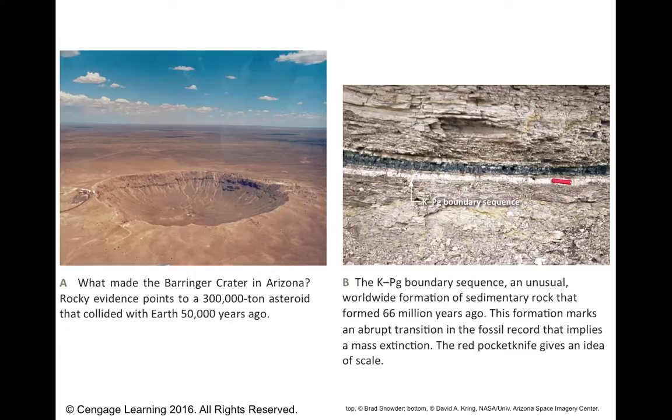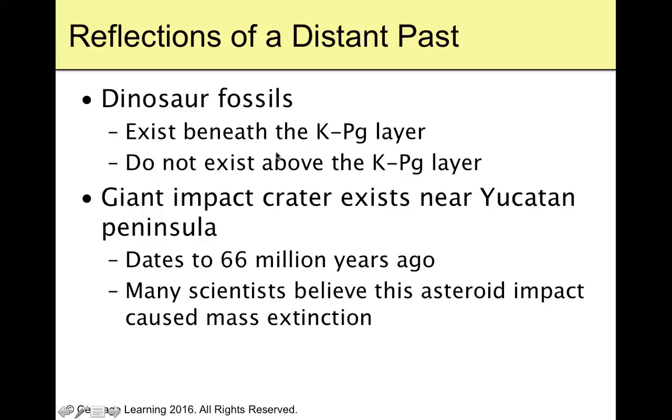You imagine that? Like, how wide do you think a pocket knife is? Inch and a half? Inch of sediment covering the entire face of the earth. That's a lot. That's a lot of material. So there you go. Our dinosaur fossils exist below that layer, but not above. There's also a pretty big impact crater near the Yucatan Peninsula, and that date hits around that 66 million years ago.